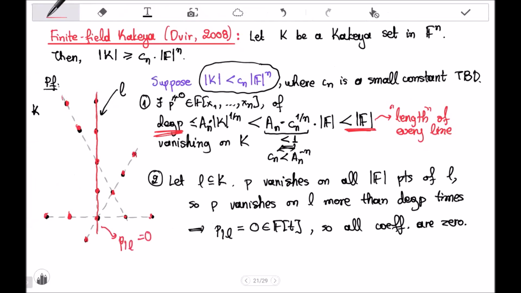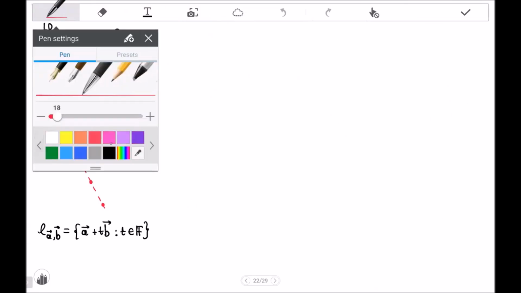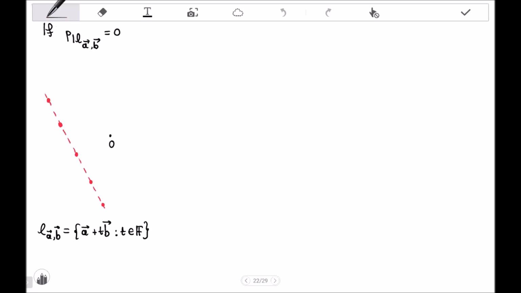Okay, so I have this thing for all the lines here in this picture. And now, let's just see what this means. If a polynomial restricted along a line is the 0 polynomial of one variable, what does this mean?